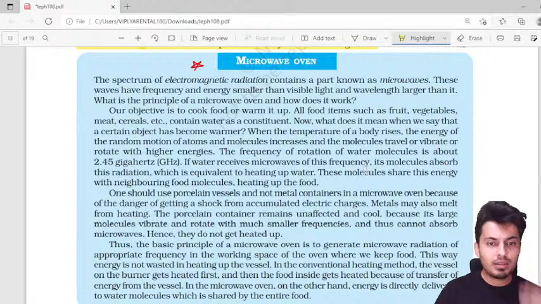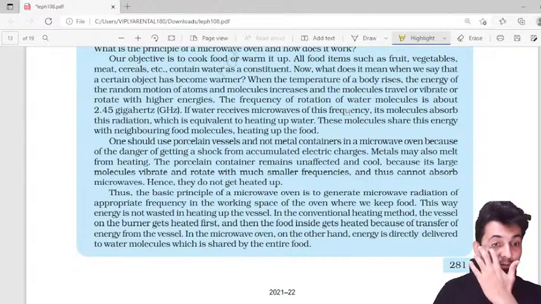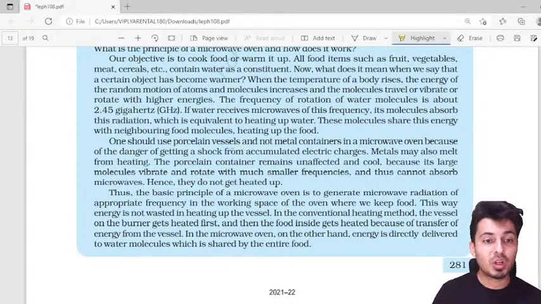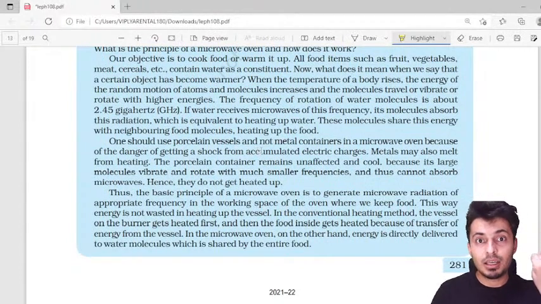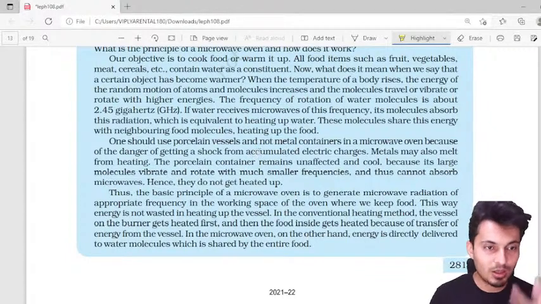This entire paragraph is important: how a microwave oven works and why you should not use metallic objects. If the metal ions get vibrated because of the microwaves, the charges on that metallic object will get knocked out, and those charges will accumulate on the metallic container, and that will definitely give a shock to the person touching that metallic object.